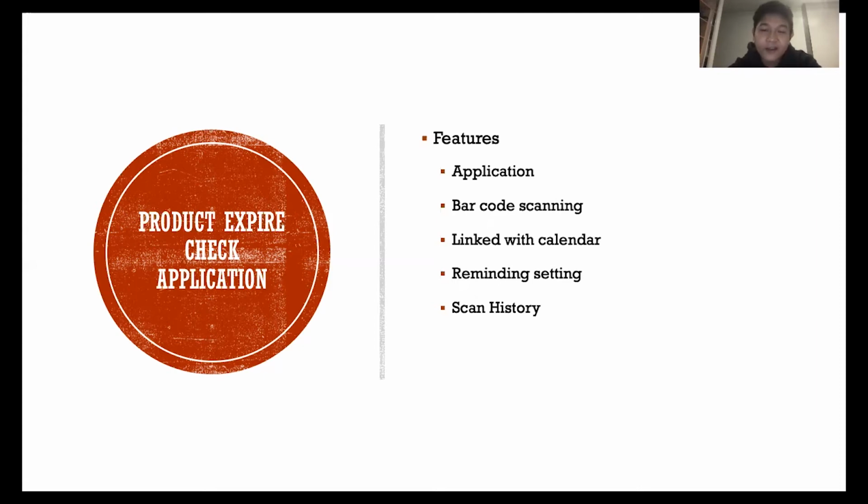There is also a scan history, which allows you to track which products you bought last week and how long each product lasts, so that you can manage your food and prevent wastage.